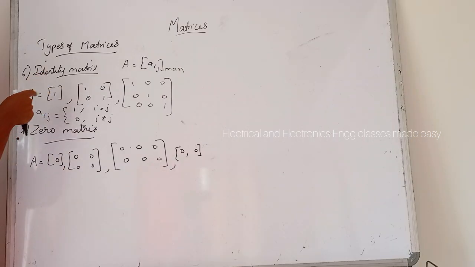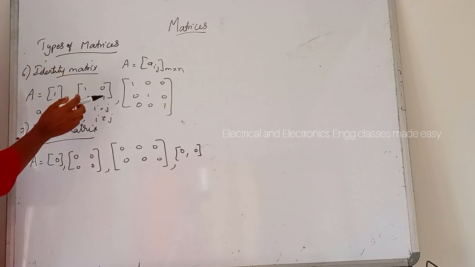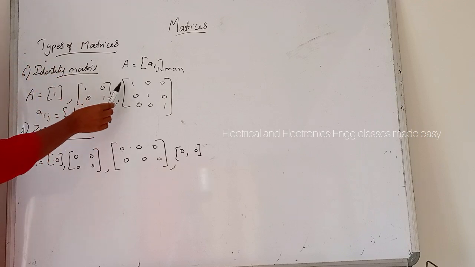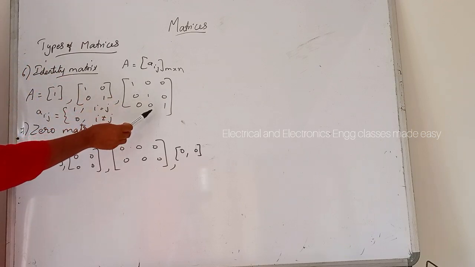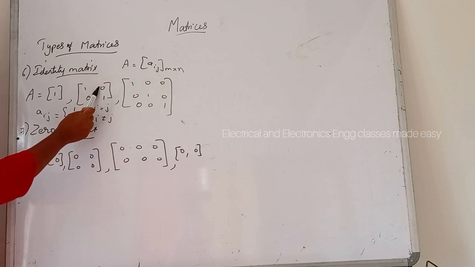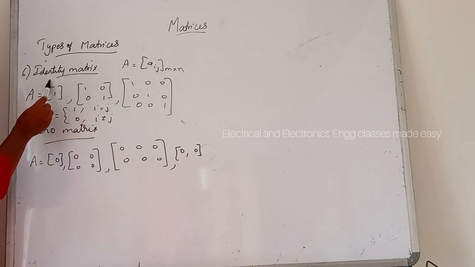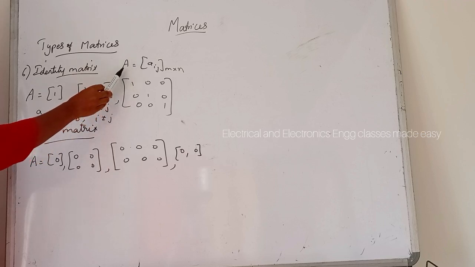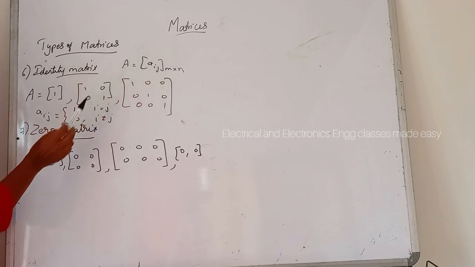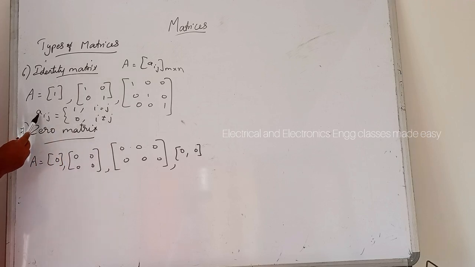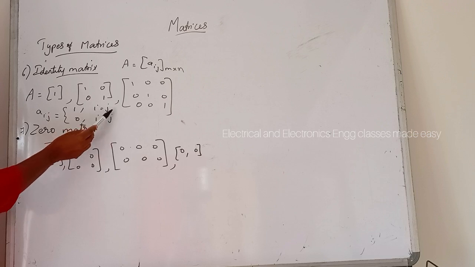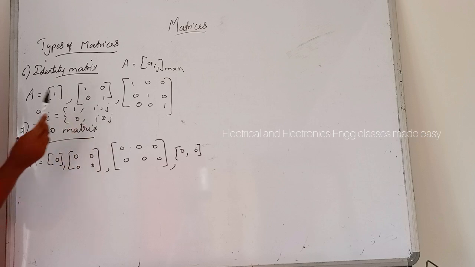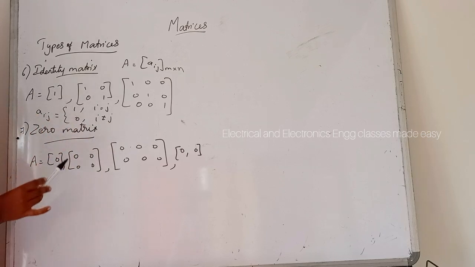Next is identity matrix. A square matrix in which the elements in the diagonal are equal to 1 and all other elements are equal to 0 is called an identity matrix. For example, if A is equal to matrix Aij of order n by n, then elements Aij is equal to 1 if i equal to j and equal to 0 if i not equal to j, then it is called an identity matrix.